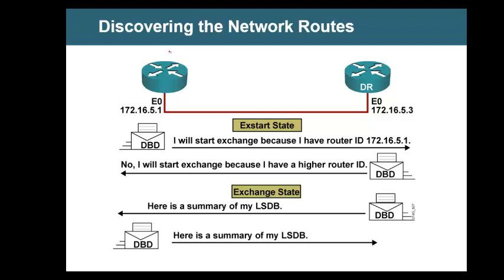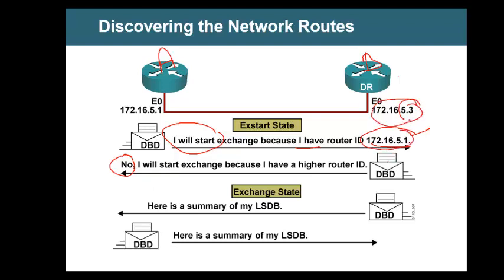So router A says, I'll start the exchange, and this is my router ID. Router B says, no, very bad habit you have. Wait, see, you are only 172.16.5.1, but who am I? 5.3.